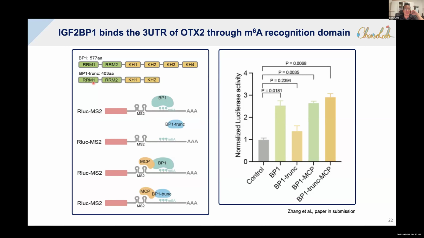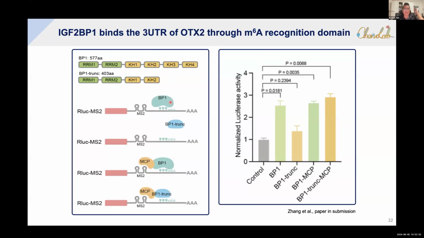As I mentioned before, the KH3 and KH4 domains are critical for binding of BP1 to the 3' UTR of OTX2. So the full-length BP1 binds to the OTX2 RNA, but the truncated form doesn't bind to the M6A modified 3' UTR of OTX2. And we also showed previously that this one doesn't rescue the phenotype of the BP1 knockouts. So we took advantage of this truncated form of BP1.